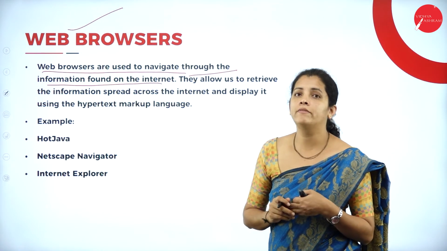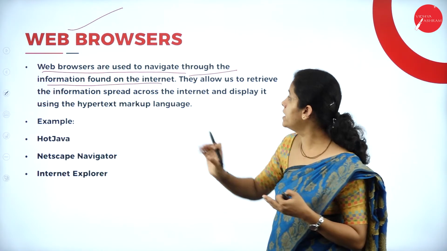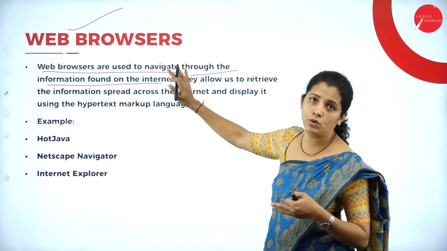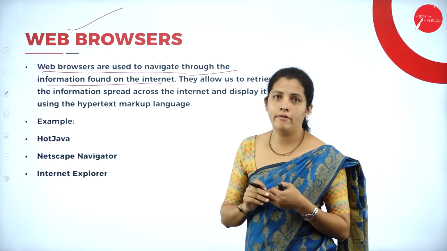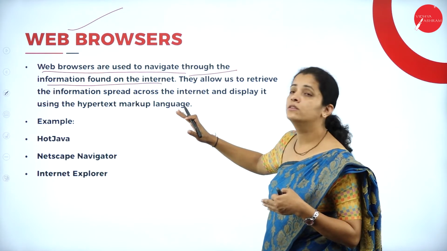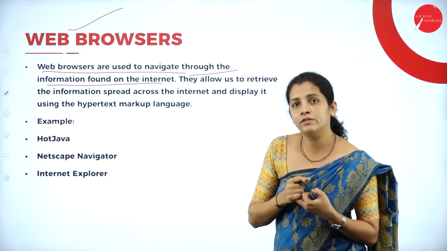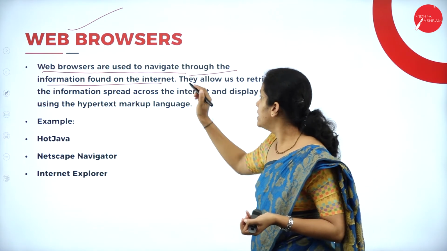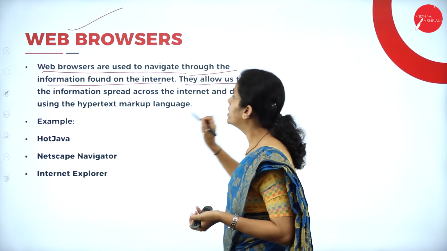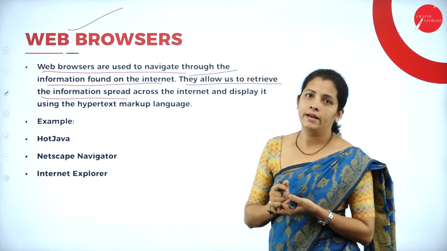That means whenever I want to gather any information from the internet, what will I do? I'm going to use the web browser. It provides the navigation so that I can very easily get the information from the internet. They allow us to retrieve the information spread across the internet.